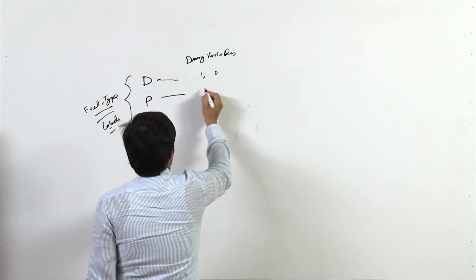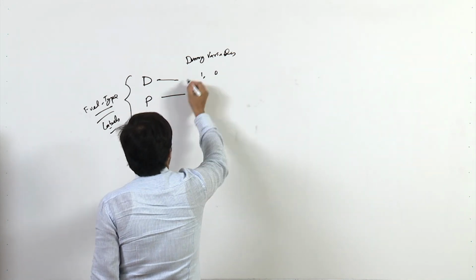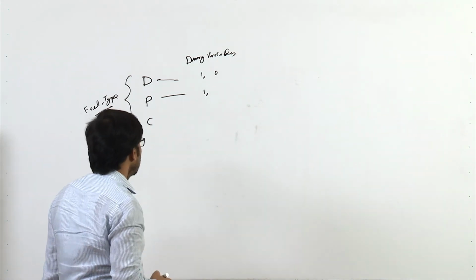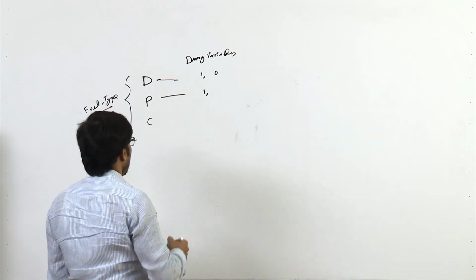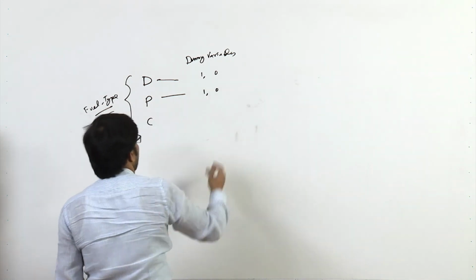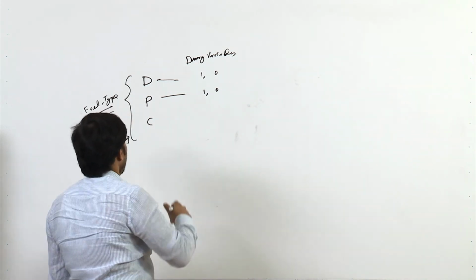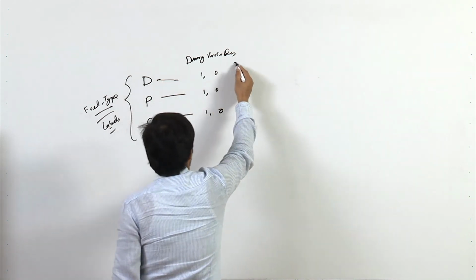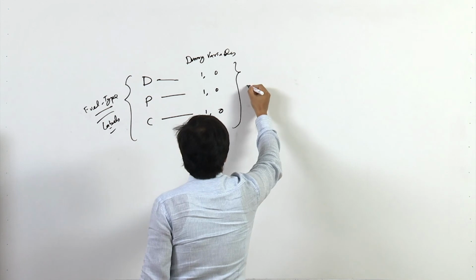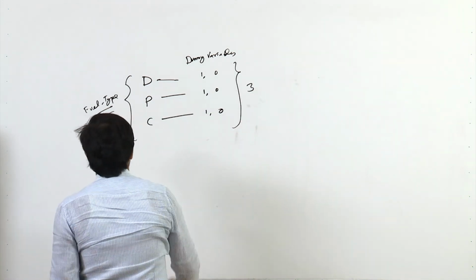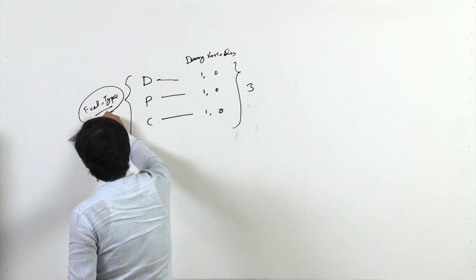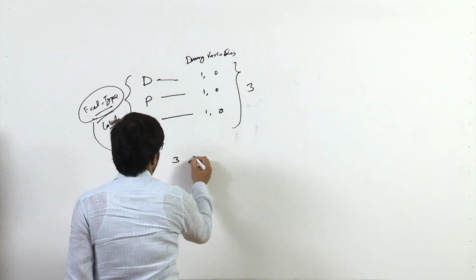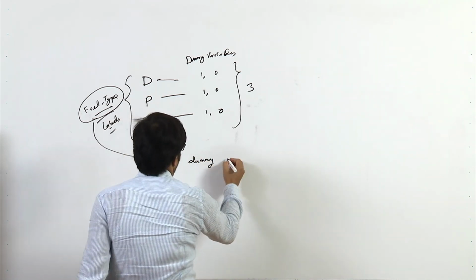Similarly, the dummy variable for petrol having value 1 will mean that the car is running on petrol, and if it is 0, it is not running on petrol. Similarly for the third one. So for each label we will create an equal number of dummy variables, so we will have 3 variables. For the fuel type, instead of having 1 variable in our model, we will end up with 3 dummy variables to represent this particular categorical variable.